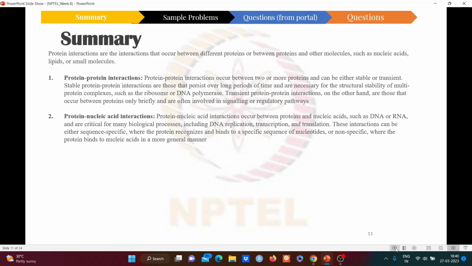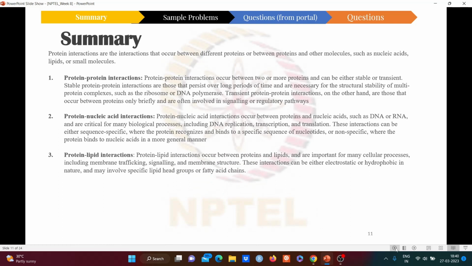These interactions can be either sequence specific, where the protein recognizes and binds to a specific sequence of nucleotides, or non-specific, where the protein binds to the nucleotides in a more general manner. Examples include the interaction between the DNA binding protein LAC repressor and the LAC operator sequence in bacterial gene regulation, and the interaction between the ribosome and mRNA during translation.